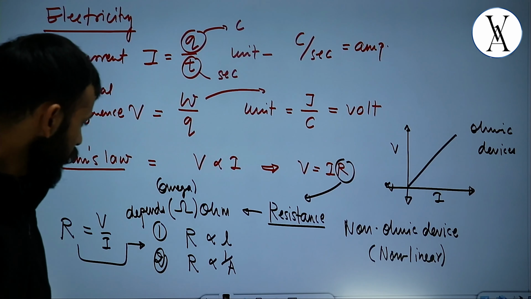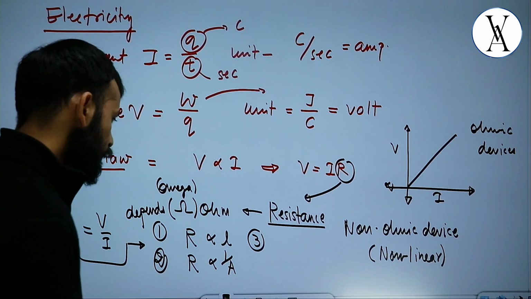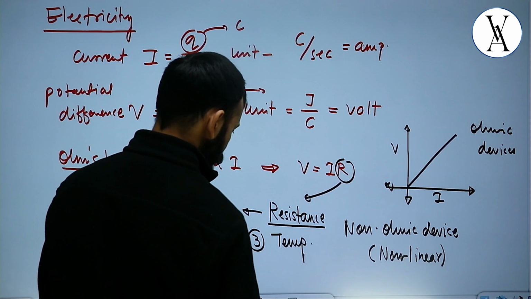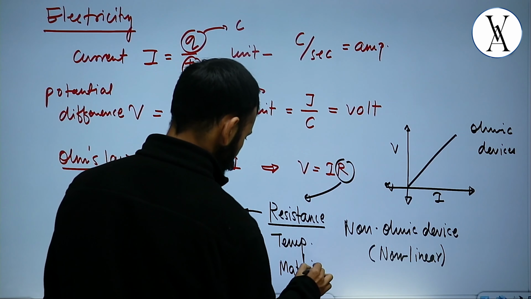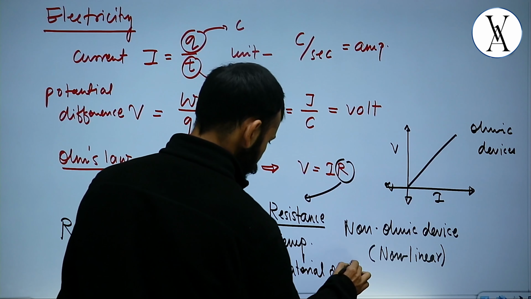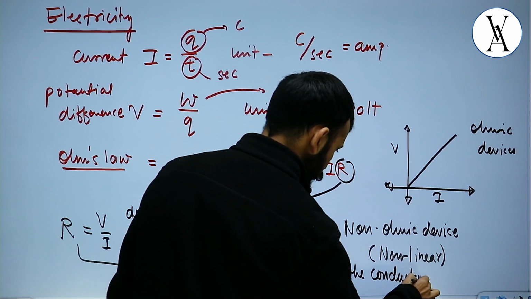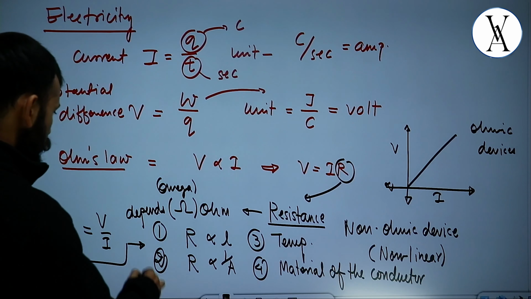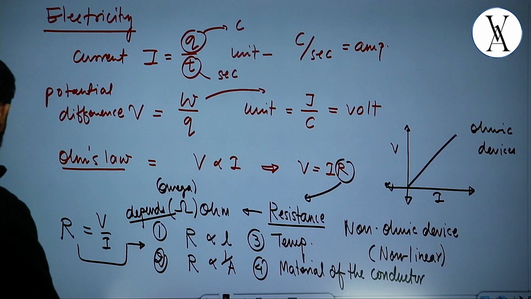The third is the temperature, and the fourth is the material of the conductor. These are the things on which resistance depends.